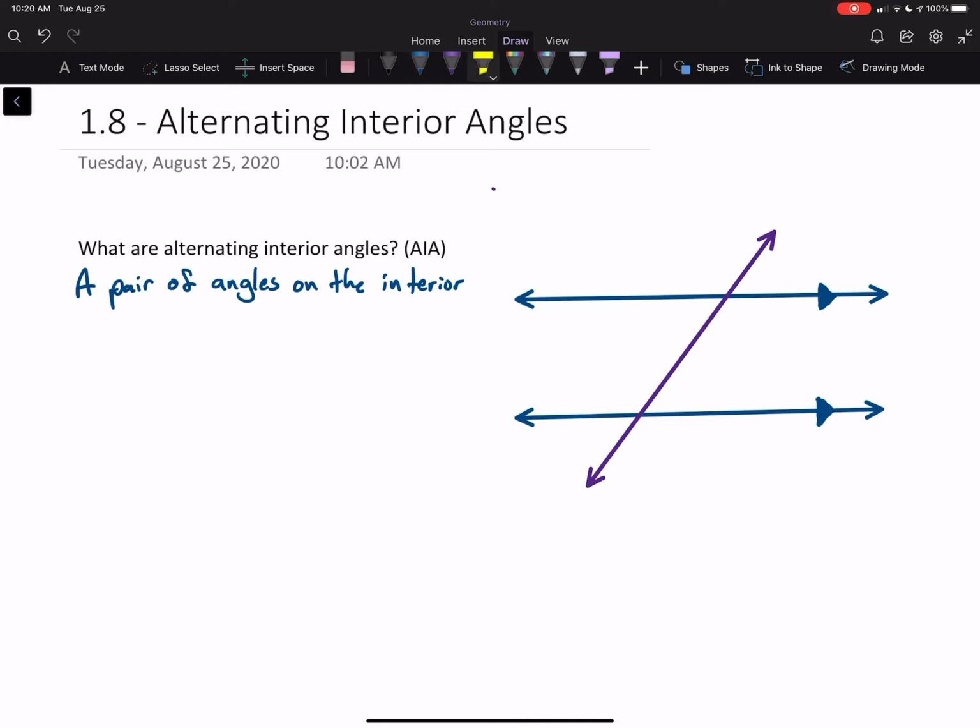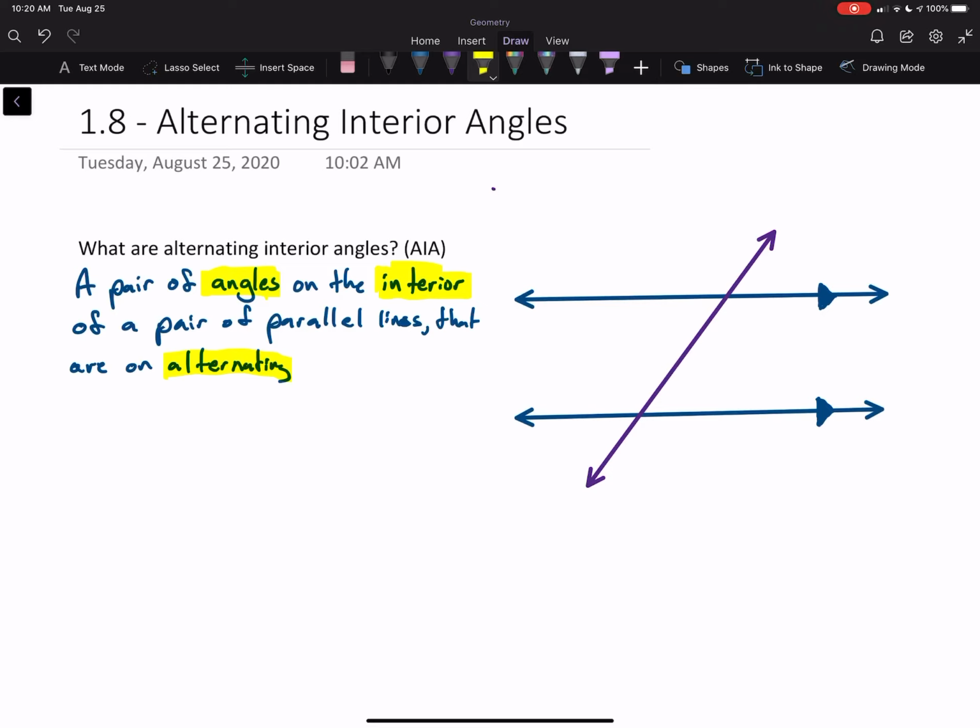That is why they're called interior angles of a pair of parallel lines that are on alternating sides, so that's the other word too.